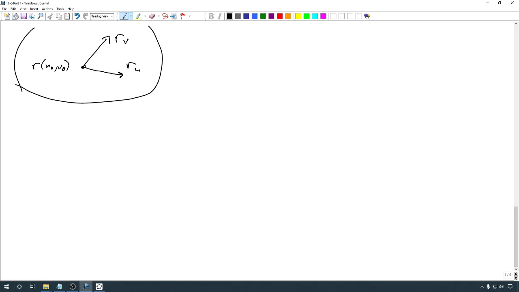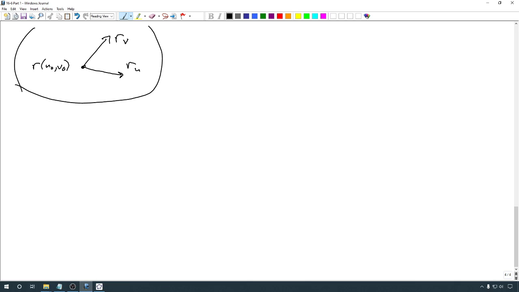Now, normally that will be plenty. Normally that's exactly the amount of information that we need to determine a plane. However, the one thing that could go wrong here is that r sub u and r sub v could be parallel vectors. If that's the case, there are many different planes that pass through those two vectors, and we wouldn't have a unique answer to this problem.